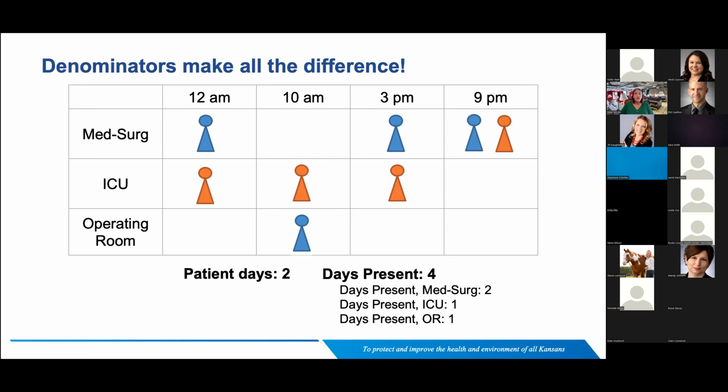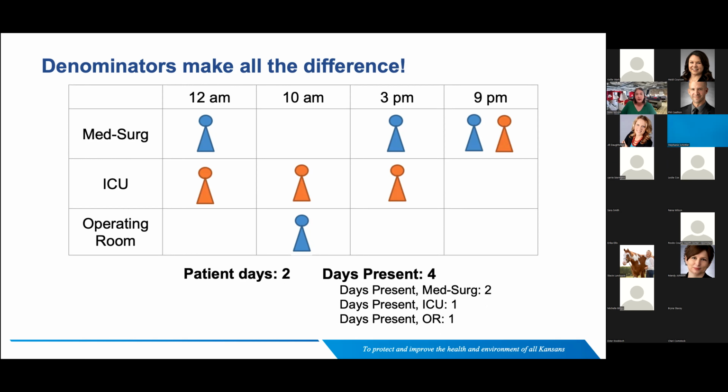Okay, so then it starts to get more complicated as we add in more patients, right? In this example, we now have 2 patient days attributed to our denominator, our blue patient and our orange patient. Ultimately, though, each of these patients is going to contribute 2 days present to various locations, for a total of 4 days present.